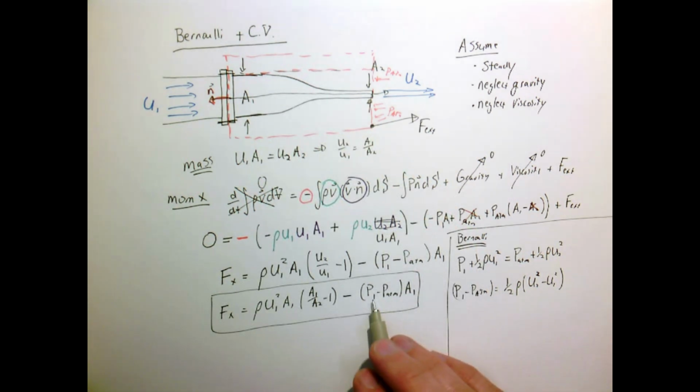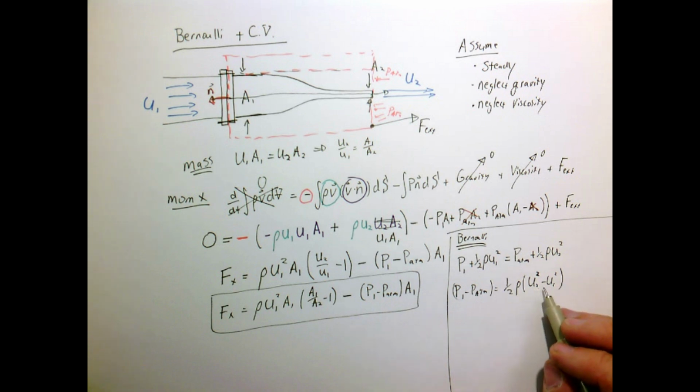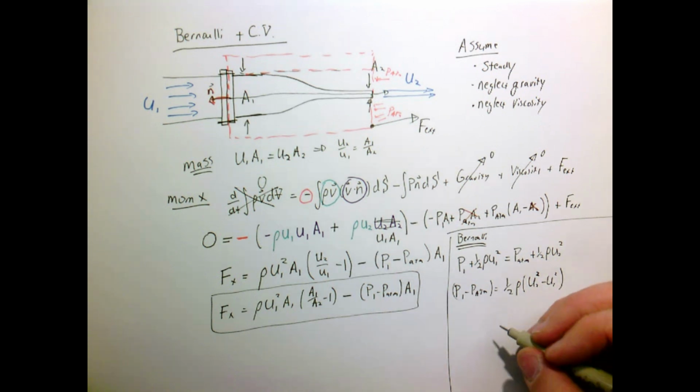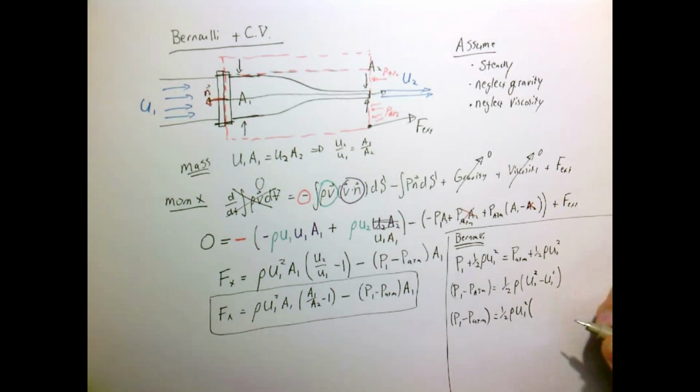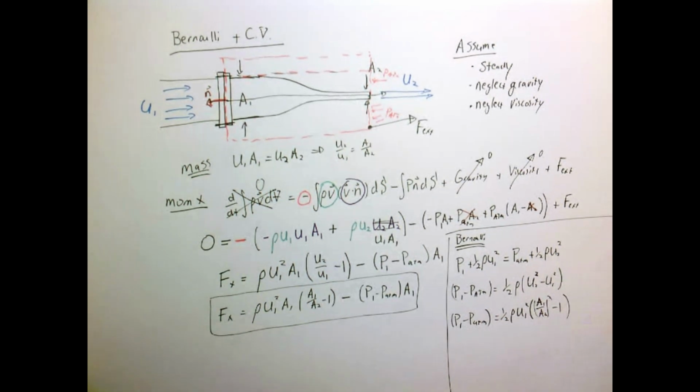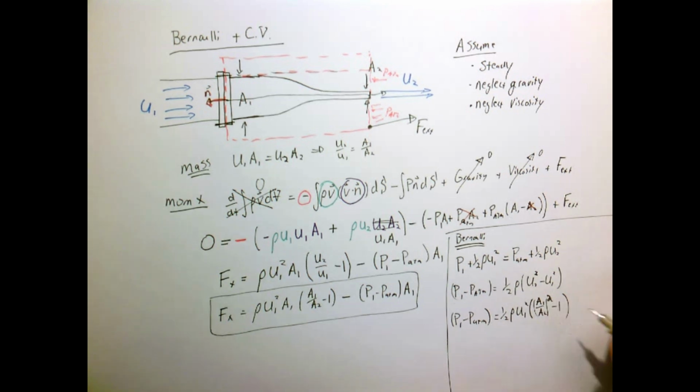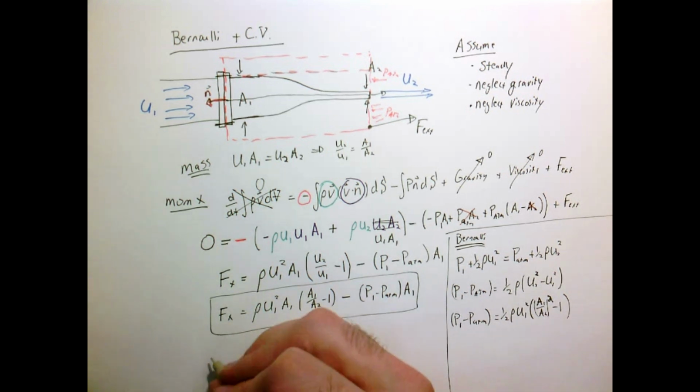So we can substitute this expression into here for P1 minus P atmosphere. But before we do that, let's get this in terms of U1 and area 1. So P1 minus P atmosphere. So now we have a factor of A1 over A2 squared. So let's make this substitution.